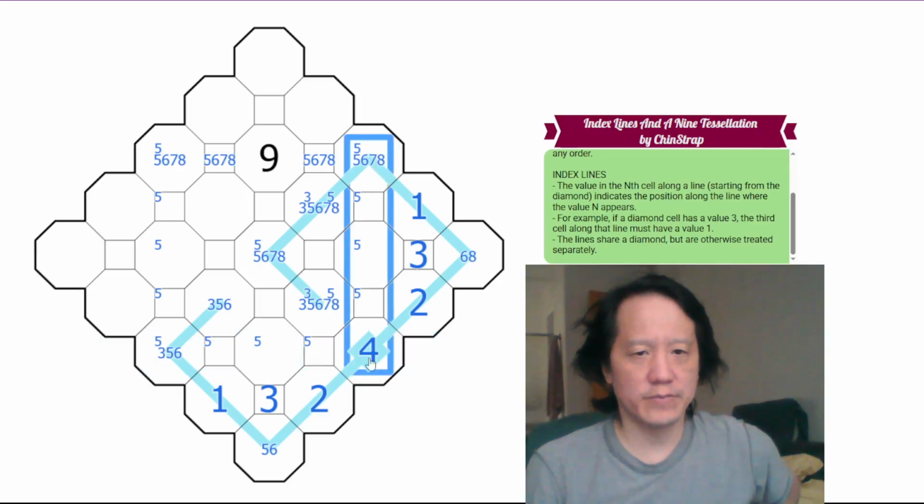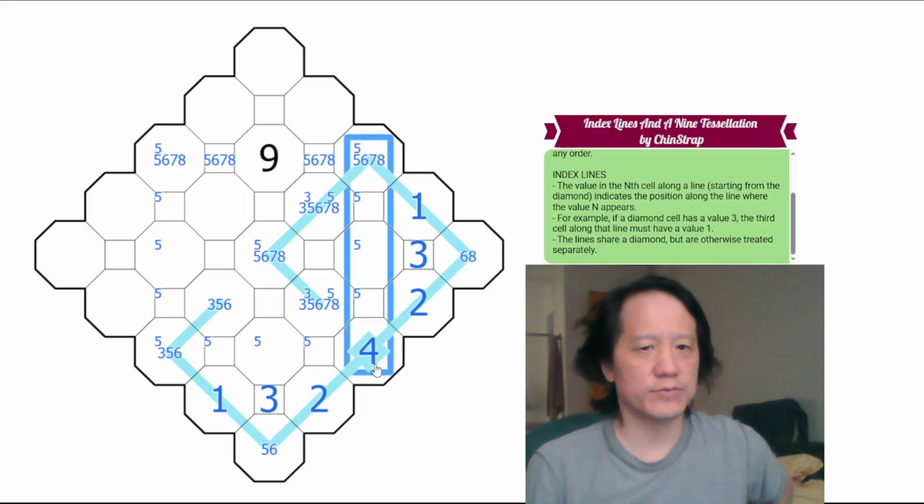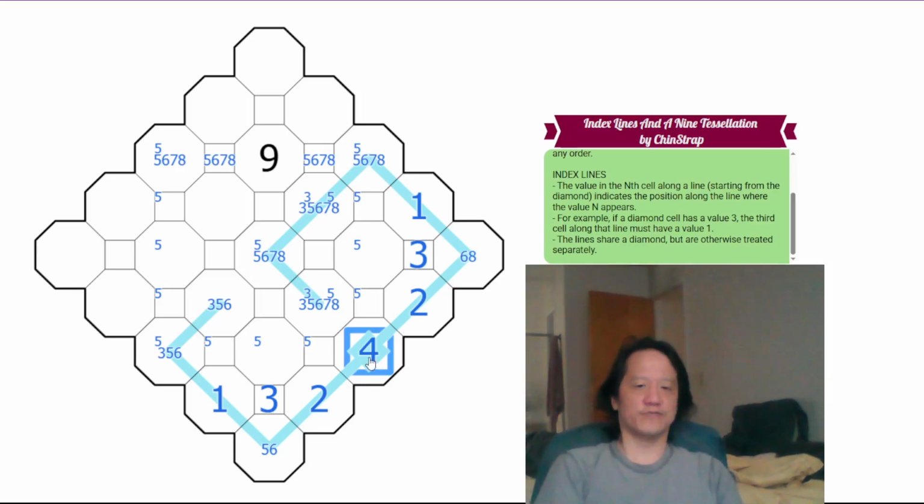Same problem here. You have 5 here. 1, 3, 1, 2, and then this can't be 3. So this cannot be 1 through 5. But that just disproves that we can have 1 through 5 there.